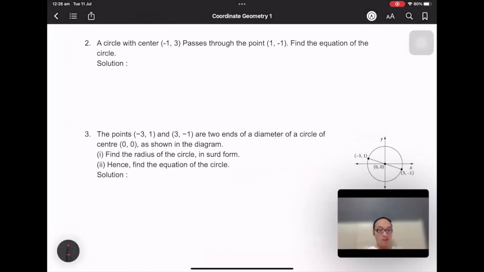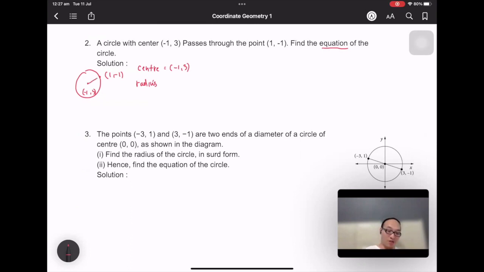A circle with center (-1, 3) passes through the point (1, -1). Find the equation of the circle. So again, to find the equation, we need the center, which is (-1, 3), and the radius.